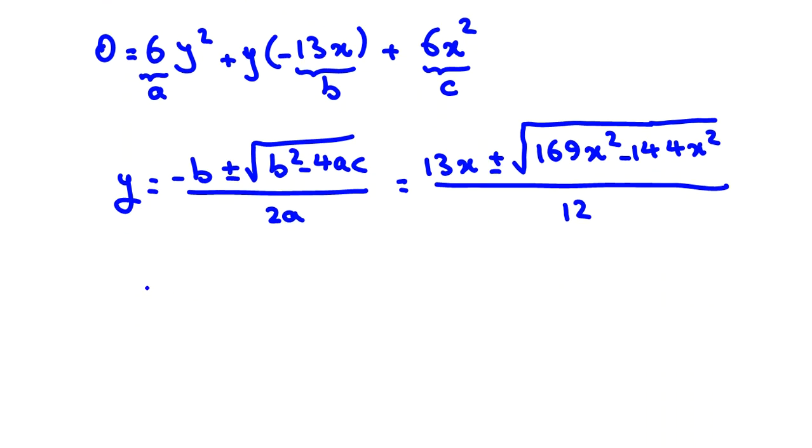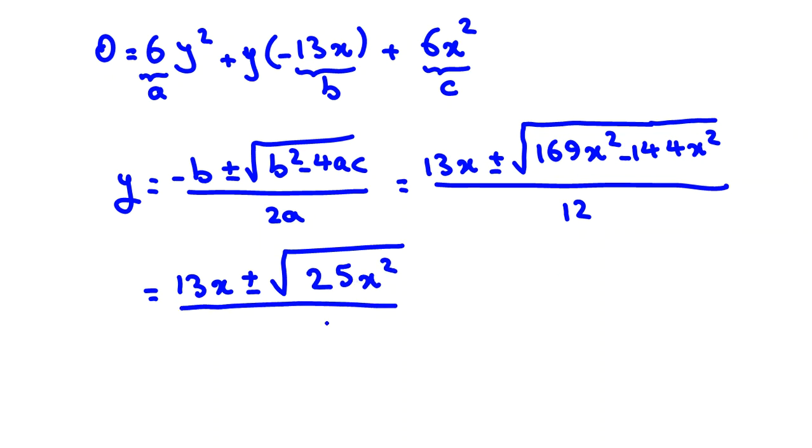Now if we simplify, it will be 13x plus minus the square root of 169 minus 144, 25x squared, and that's good because 25x squared is the square of 5x.